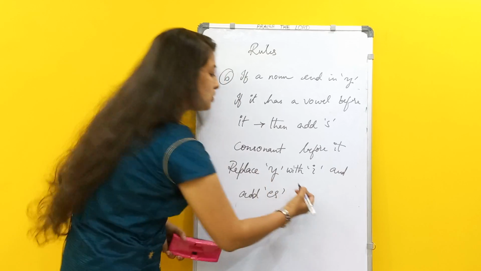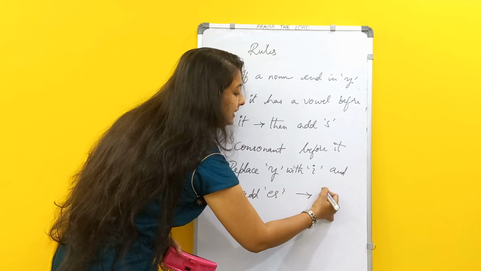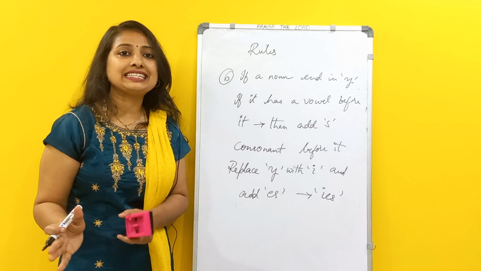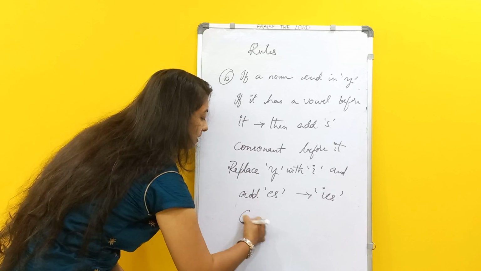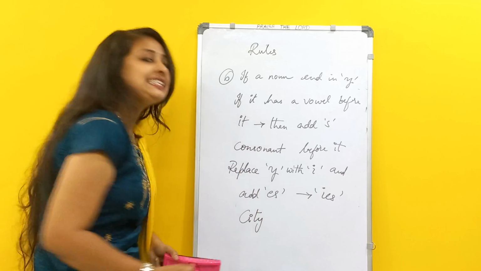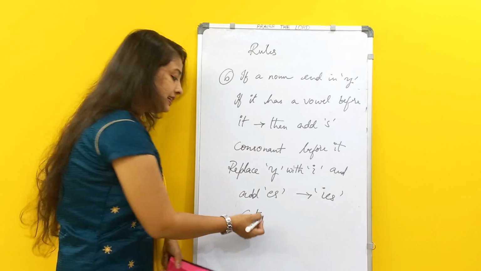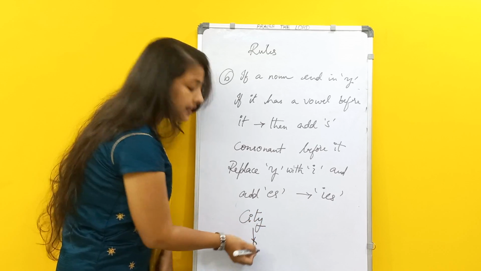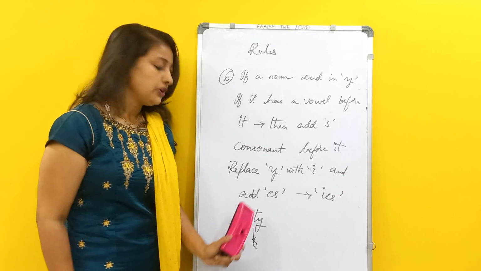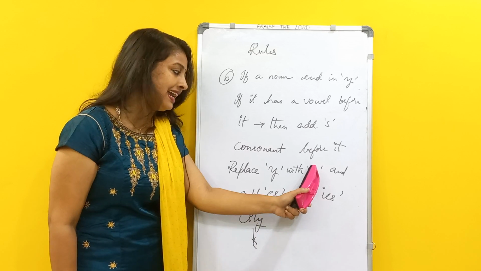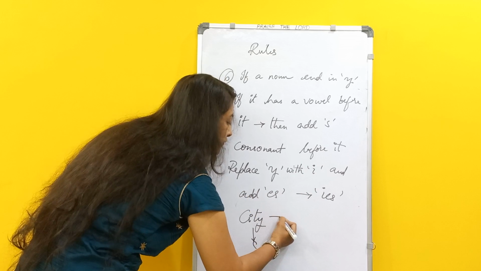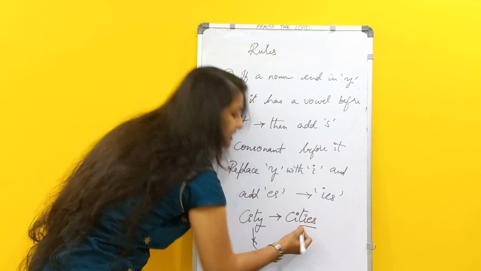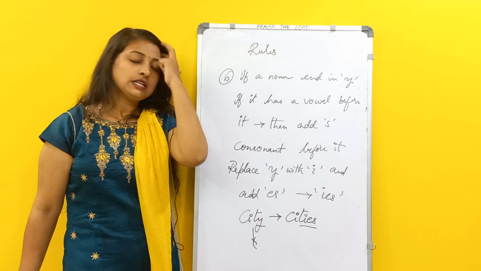That means you can simply say add IES. Like city. This is ending with a Y. The preceding letter is a consonant. So according to the rule, you need to replace the Y with I and add ES. So the plural will become cities.